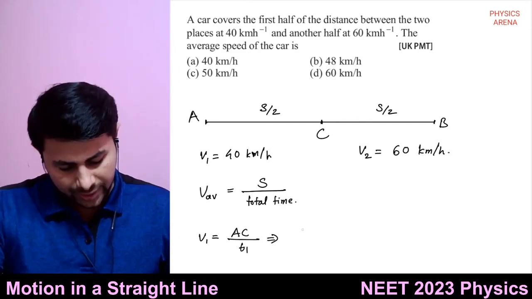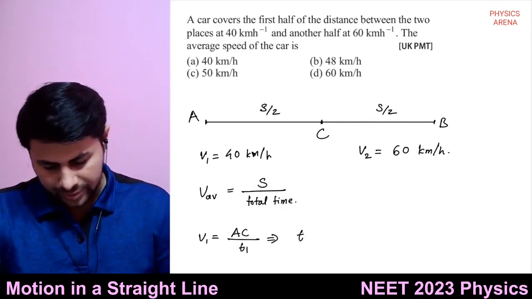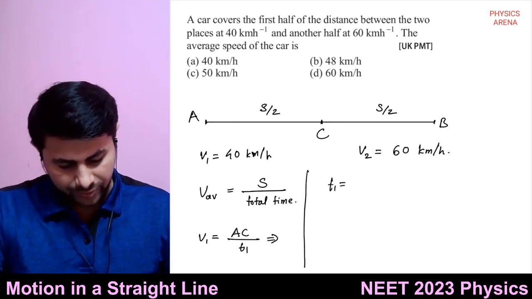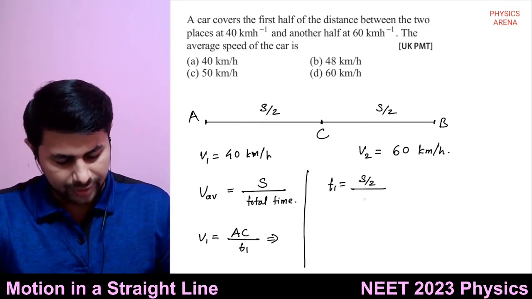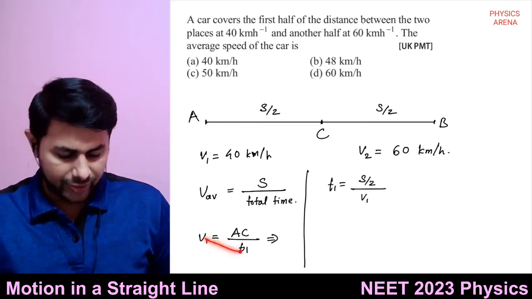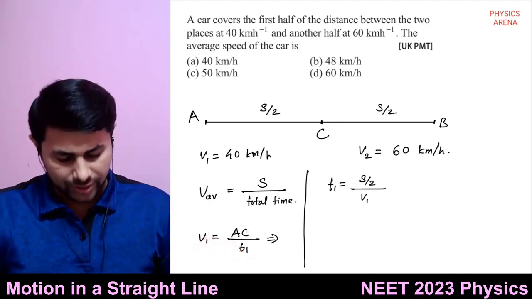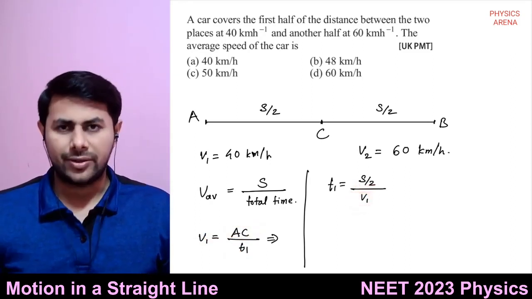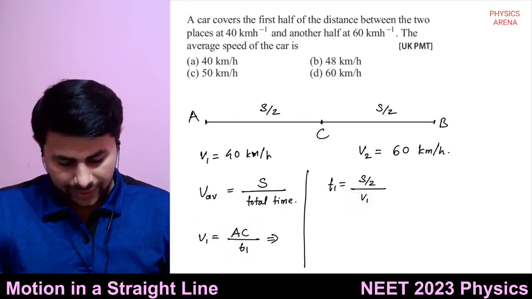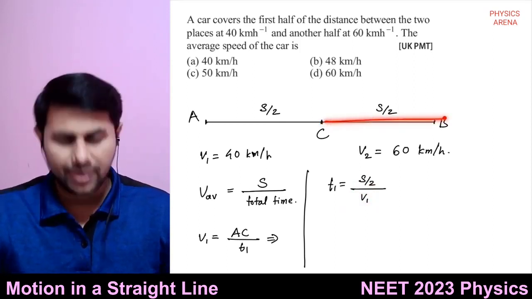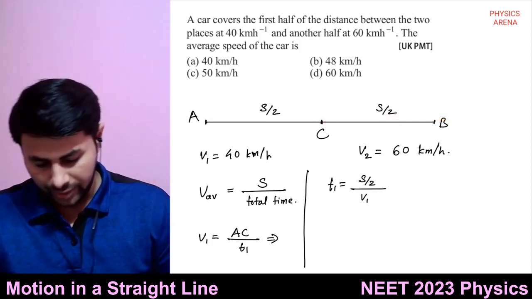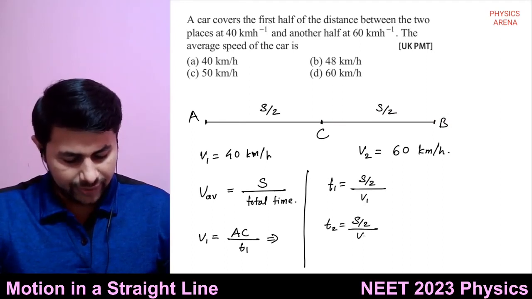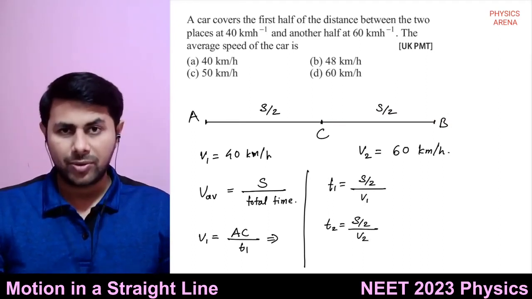From this I can write T1 equals distance AC, which is S by 2, divided by the velocity V1. Similarly, T2 is equal to CB divided by V2, which is the remaining half distance S by 2 divided by V2. And now my problem is solved.